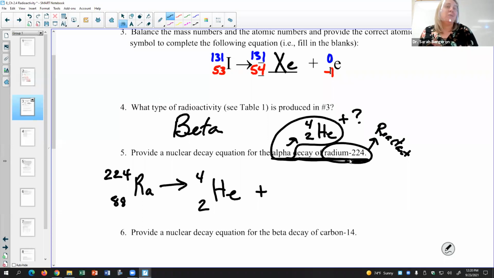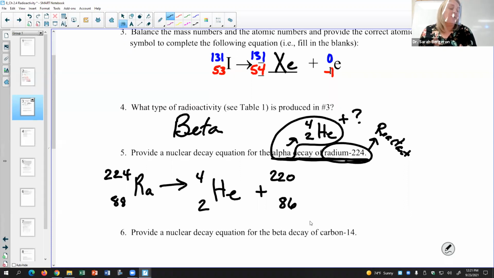And from this, we can figure out what our other product is going to be. So some number plus 4 is 224. So what number do we add to 4? 220. Okay, now down here at the bottom, some number plus 2 gives us 88.